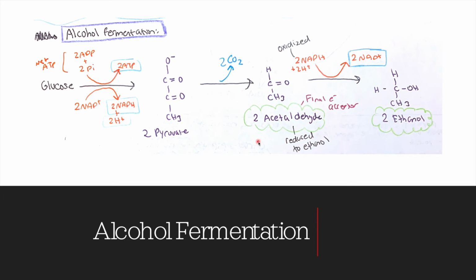Then, the acetaldehyde is reduced to ethanol, and NADH gives up its electrons to acetaldehyde, being oxidized to NAD+. Therefore, acetaldehyde is the final electron acceptor in this pathway, and NAD+ is regenerated for glycolysis to continue. Yeast and some bacteria use this process in anaerobic conditions to produce ATP.